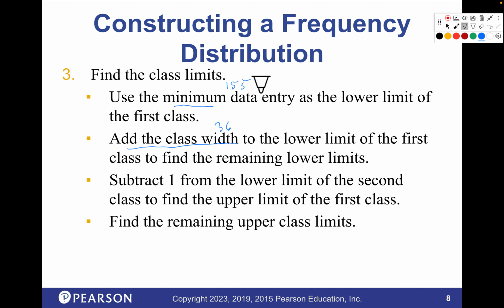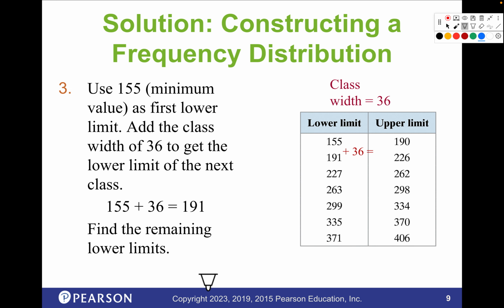In words it's a lot, but we'll see. Then we subtract 1 from the lower limit of the second class, and that becomes the upper limit of the first class. It's a lot easier just to do than to talk about, but there are instructions here. So you start with the first one and add 36 to it. 155 plus 36 gives us 191.